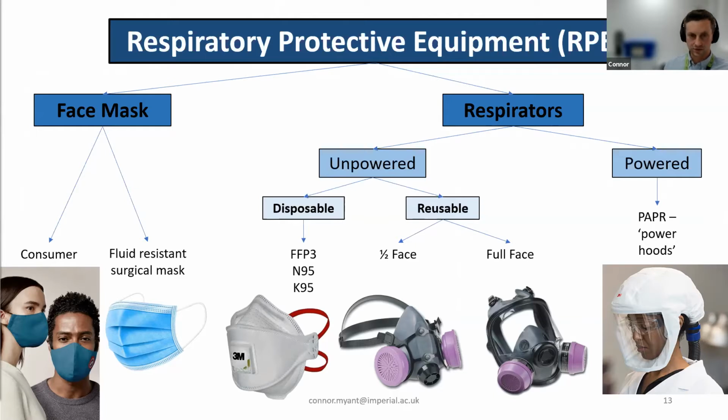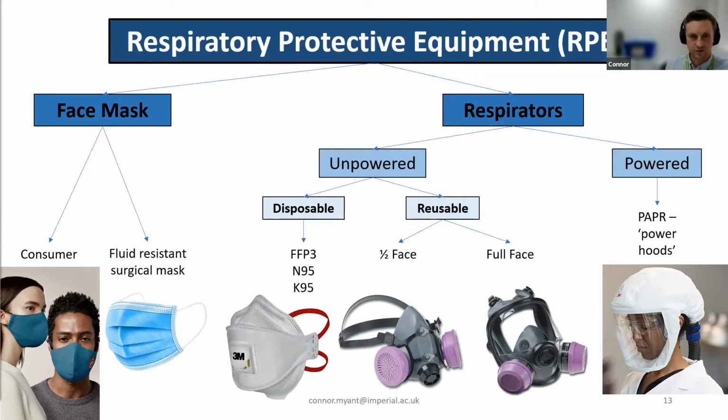So in here we have two different types again, unpowered and powered, and in the unpowered we have the disposable mask, and these are ones that you would have seen a lot. Many of us would have worn them during the pandemic, and we would have seen many images of these types of masks on the news.